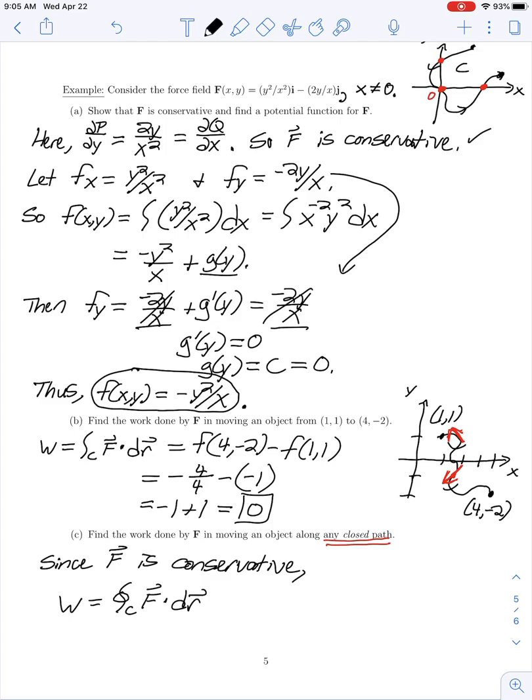So here, if C is a closed curve, we use this circle notation over our integral. And since F is conservative, we know that the value of the line integral over any closed path must be 0.